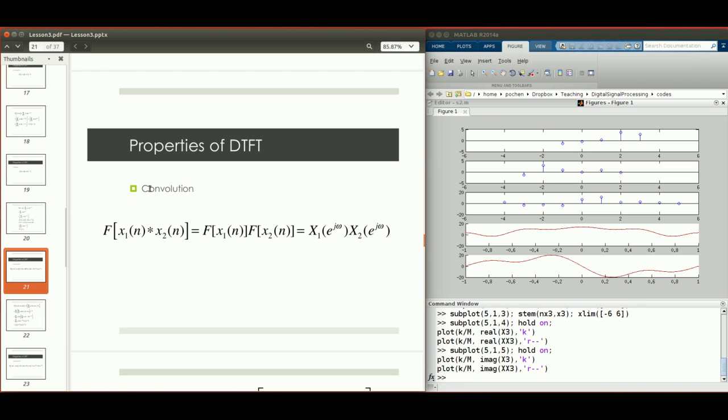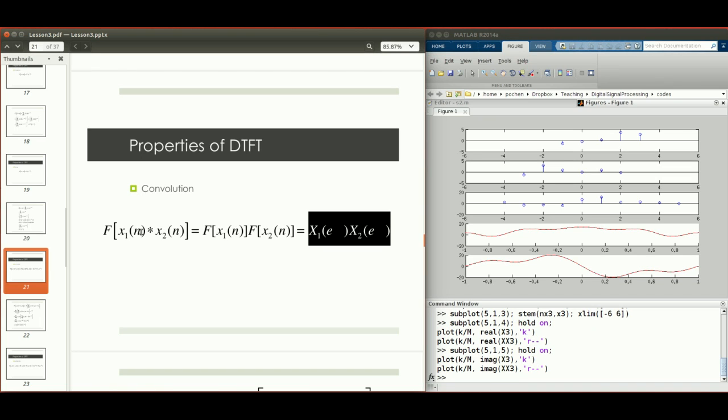And because of the laws of commutation and association that apply to multiplication, you can see why convolution in the time domain has those commutation and association properties, right? Multiplication in the frequency domain is exactly the same as convolution in the time domain.